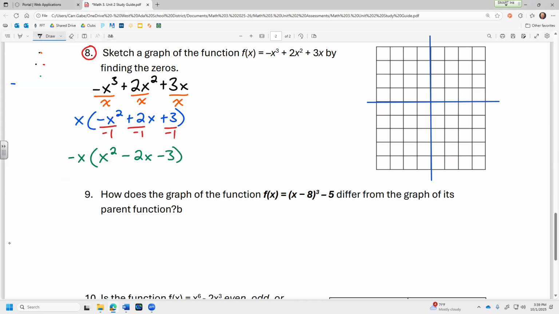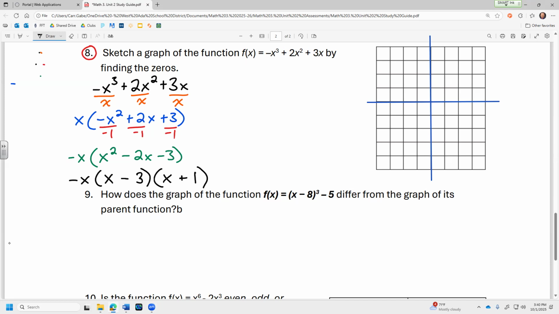And now to factor this into two binomials, the leading term in both the binomials is going to be x, and we are looking for a product of -3. So it's going to be 3 times 1. And since our middle term is negative, that means our greater term is going to be negative, and our lesser term is going to be positive.